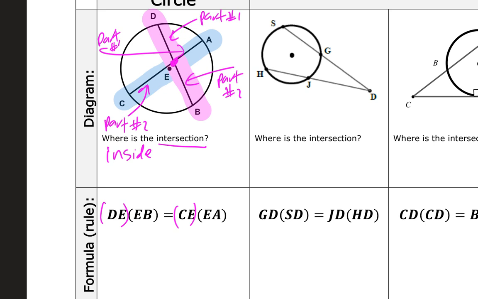So the rule is part 1 times part 2 equals part 1 times part 2. We'll get more into that in some practice. That's when they intersect inside the circle.